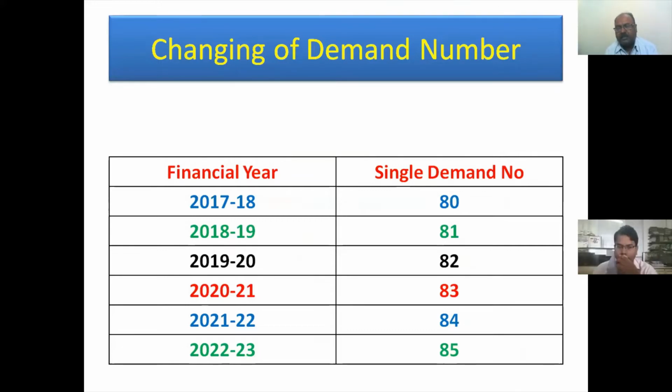The number increases when one new department, new ministry, or new activity is added in the Government of India, so the number increases by one each time. If there is no increase in the next year, then it will stay the same or it may decrease.